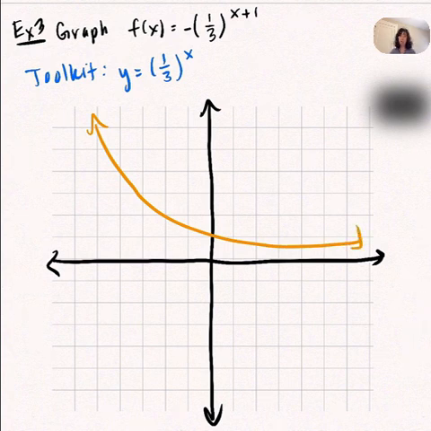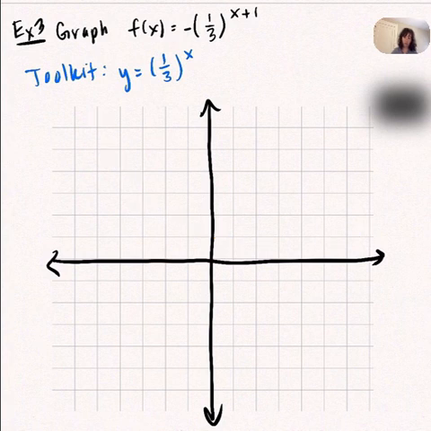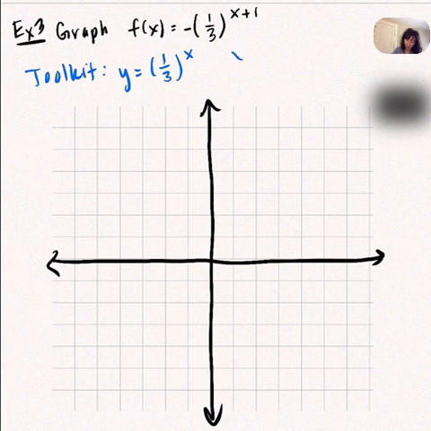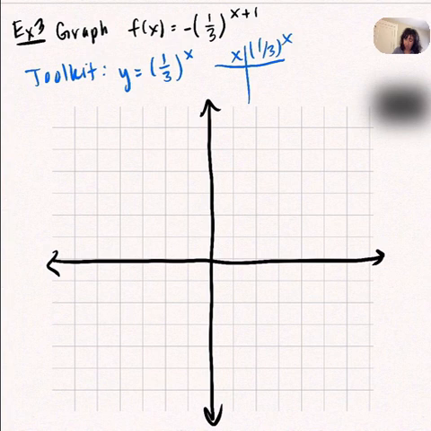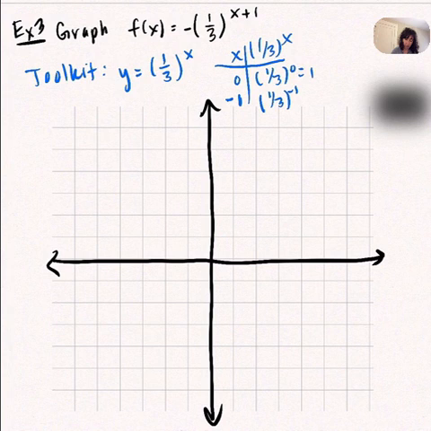I can fill in some exact points so I can figure out more accurately where it is by plugging some numbers into (1/3) to the x. So I'm going to erase this and we're going to make a little table and we're going to plug in a couple of values for (1/3) to the x. For example, if I plug in 0, I get 1, and maybe I'll plug in a negative. So if I plug in -1, I get (1/3) to the -1, which is 1 over 1/3, or 3.